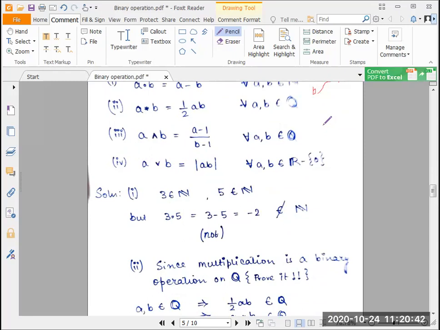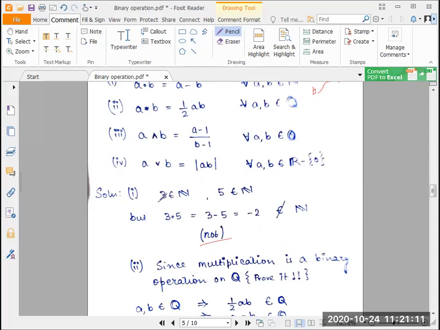But if we need to disprove something, one specific example in which the given situation does not work out is sufficient. In this case, we need to disprove that the operation is a binary operation, which means the operation is not a binary operation. So it is sufficient to give just one example where the situation does not work out.